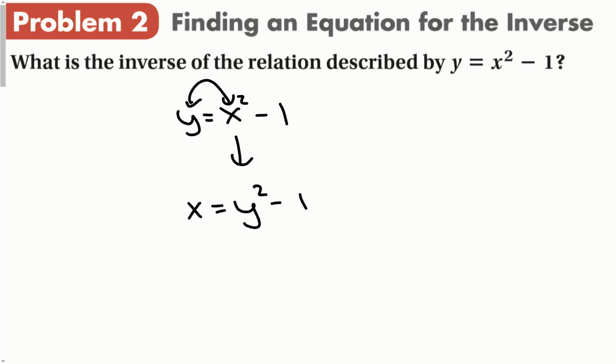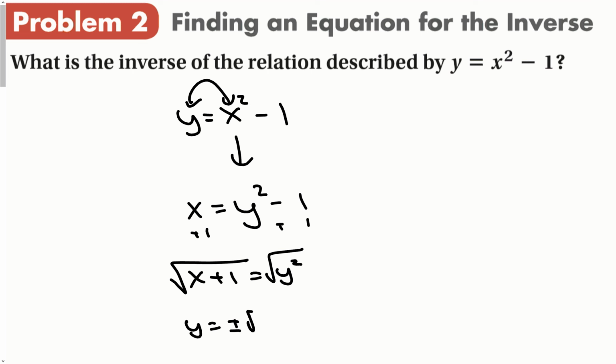Now, in order to get the equation for my inverse, I need to get y by itself. So that's x plus 1 is equal to y squared. Take the square root of both sides, and then I'm going to use the reflexive property here to write it the other way. Remembering that when I take the square roots of both sides of an equation, you have to put plus or minus.